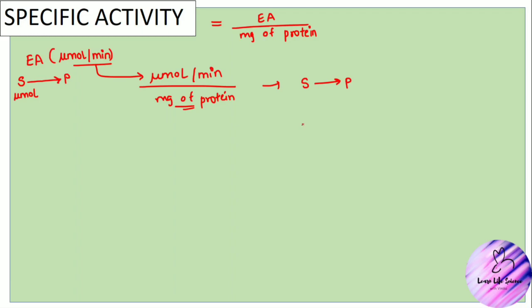Now let's talk about the protocol. Here also I am going to start with the same thing as I have told you earlier, that specific activity is equal to the enzyme activity per milligram of protein.